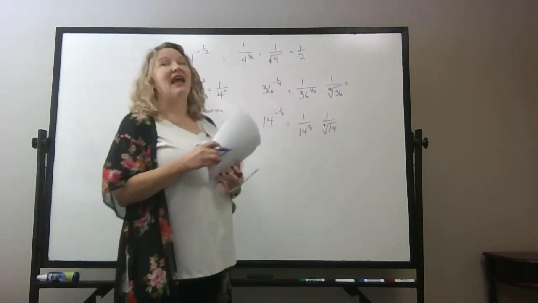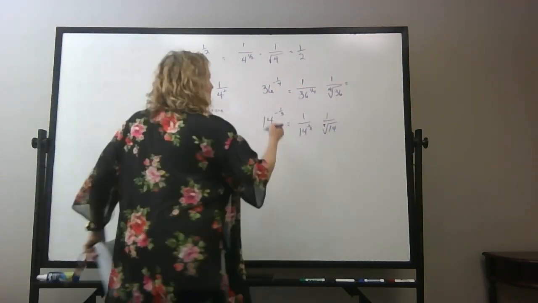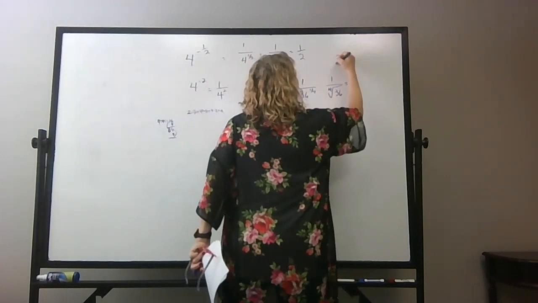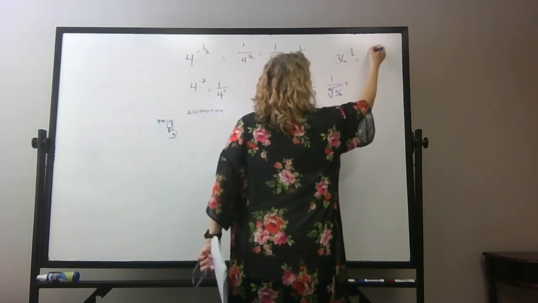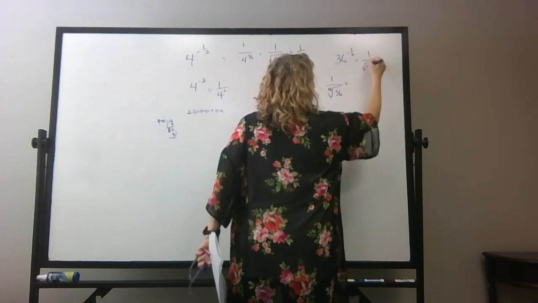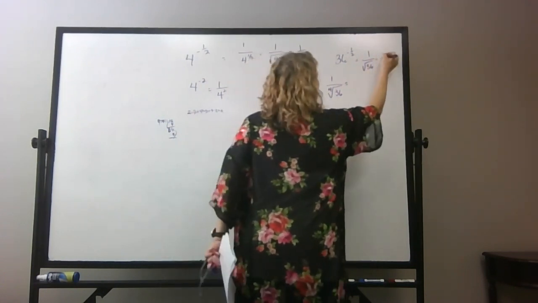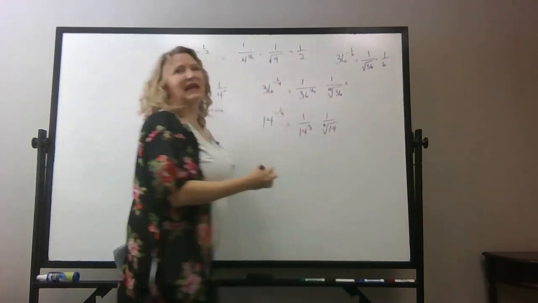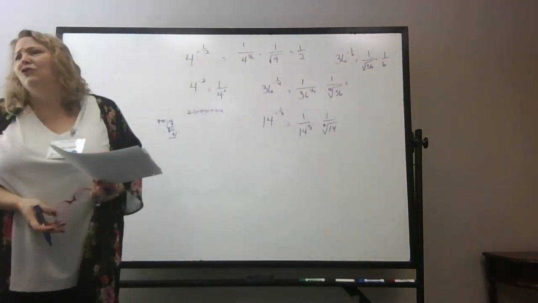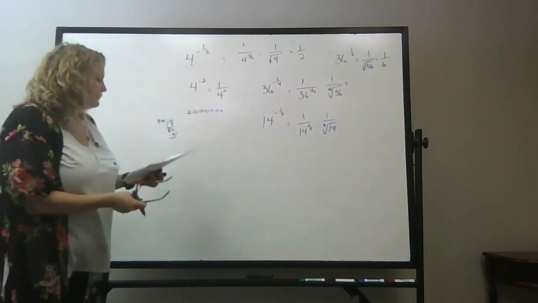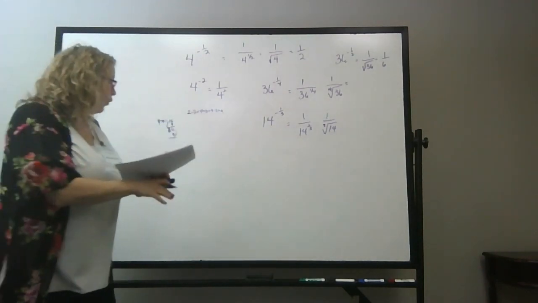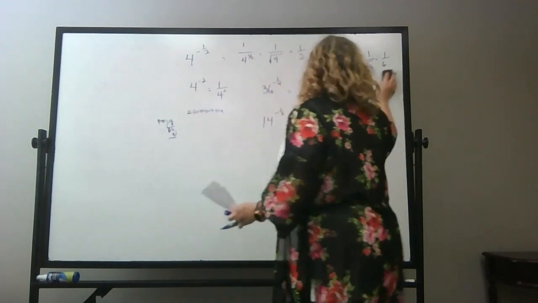If your problem was actually 36 to the negative 1/2, then this is the square root of 36, and at that point, go on with it, because that's a root that you're going to easily know. The other thing's going to be some ugly decimal. Okay. All right. One more level that we're going to take this to now.